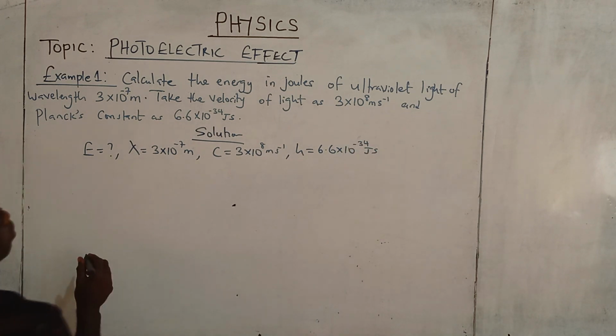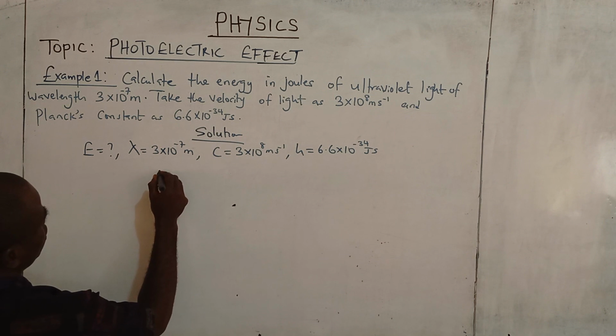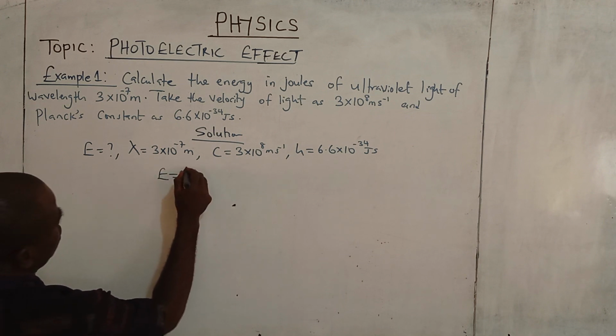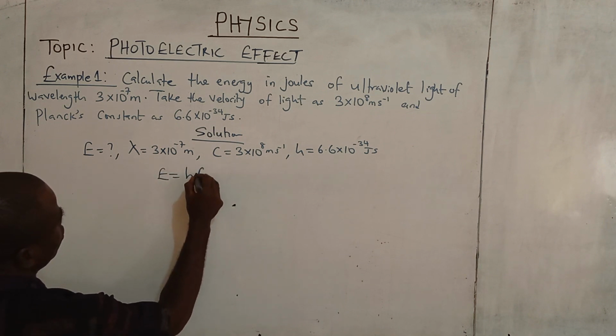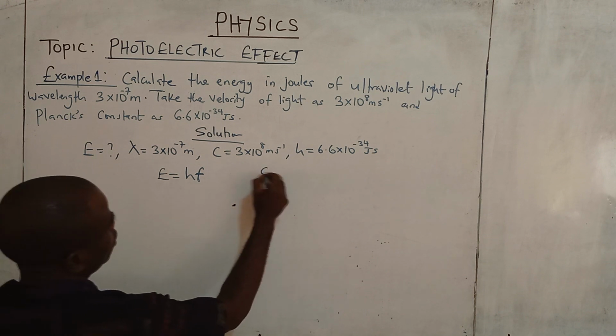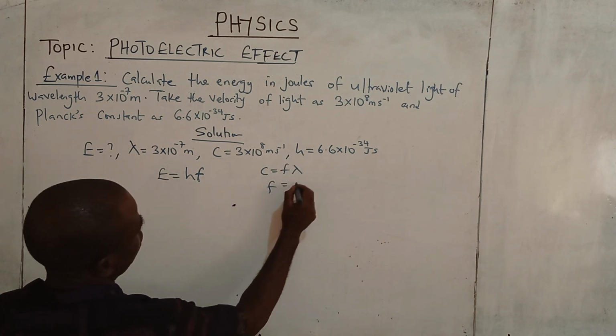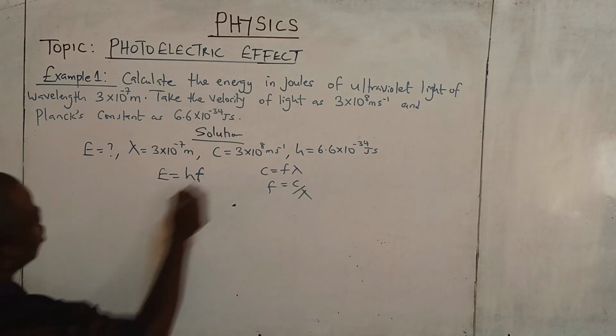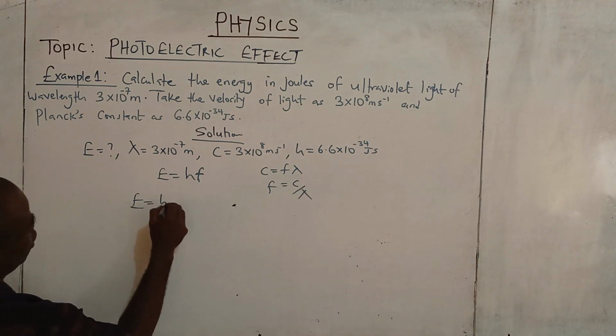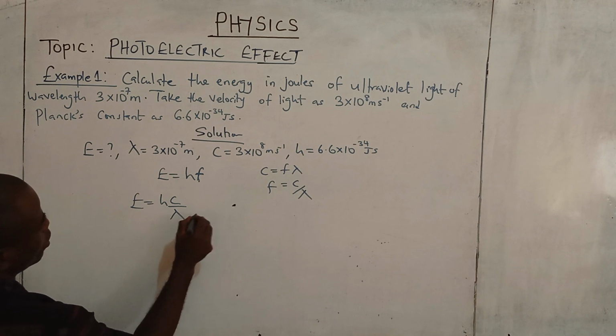Now what formula relates these together? Energy equals hf. Don't forget that c equals f lambda. Since you are not given f, f equals c over lambda.